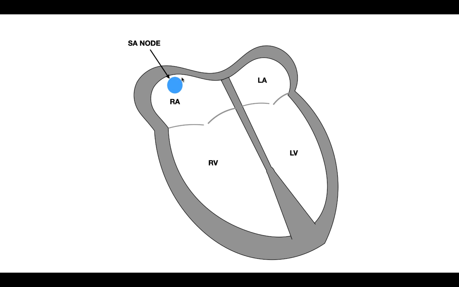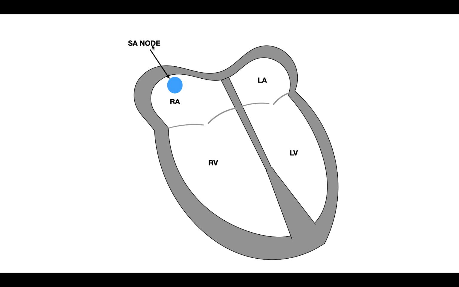In other words, the SA node is sort of like a little mini nervous system. It can fire action potentials without modulation from the nervous system. So the SA node is pacemaker cells, which release these spontaneous action potentials, which will then travel through the rest of the heart.